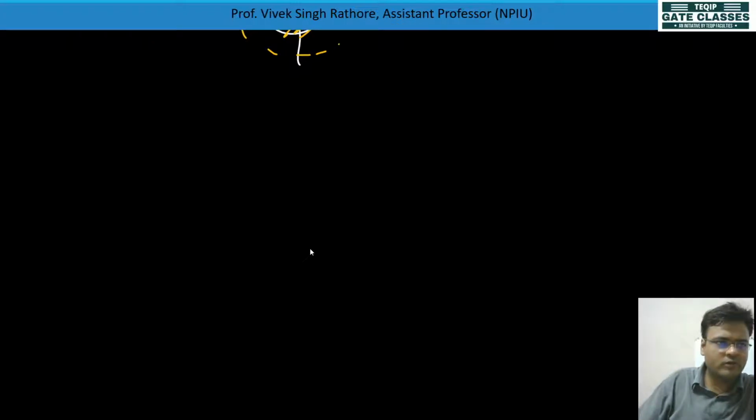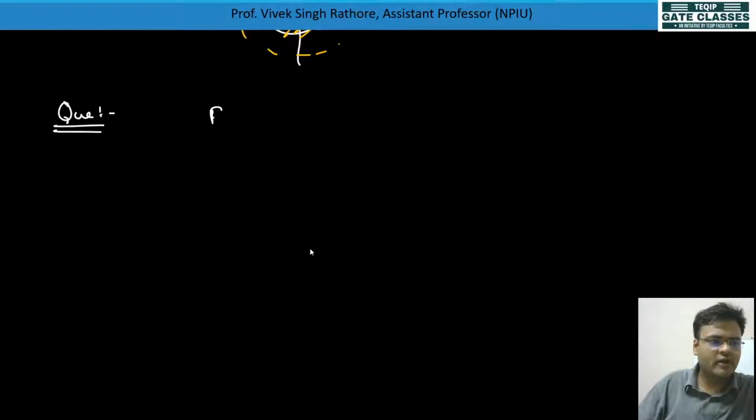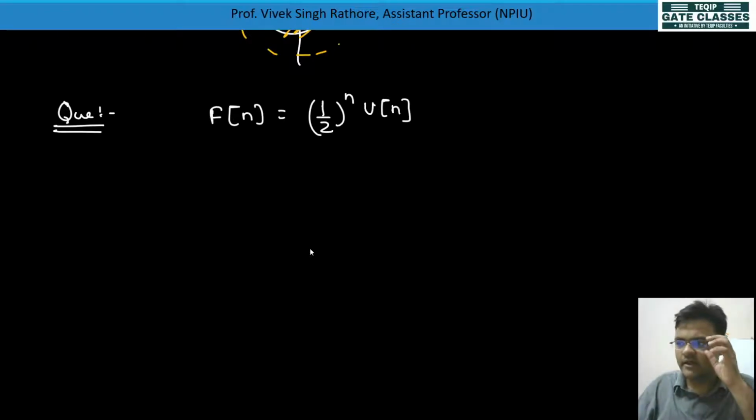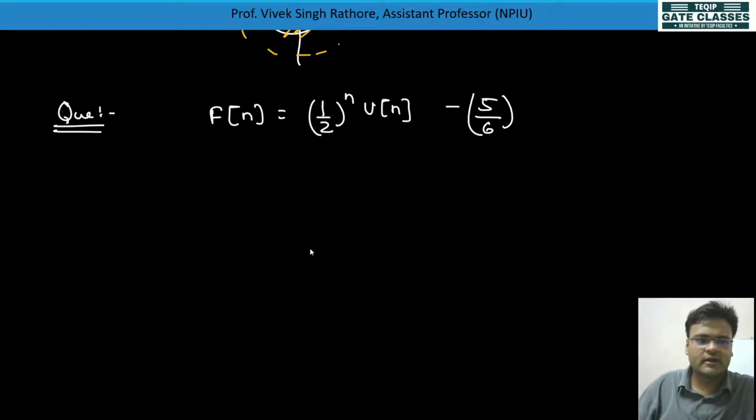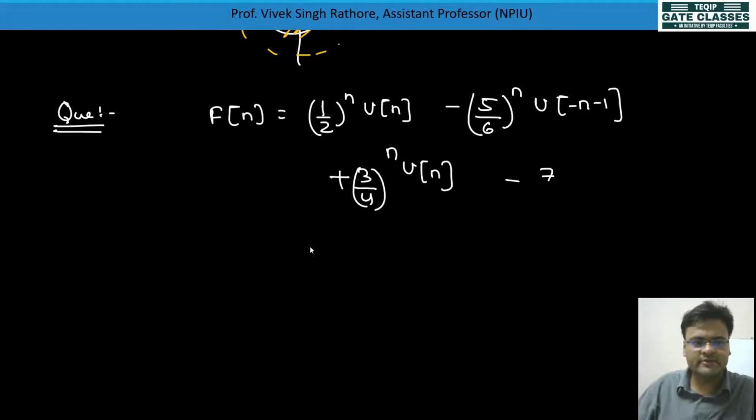Now I will tell you one more question. We'll see one more question and try to understand this property. Let's suppose your f of n is (1/2)^n u of n, minus (5/6)^n u of minus n minus 1, plus (3/4)^n u of n, and let's suppose minus (7/8)^n u of minus n minus 1.